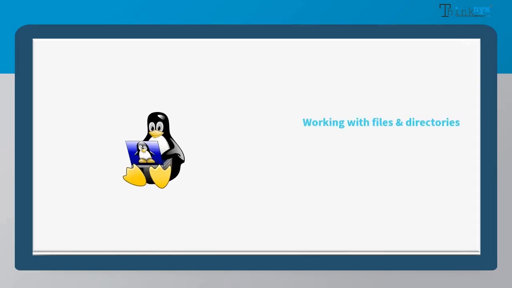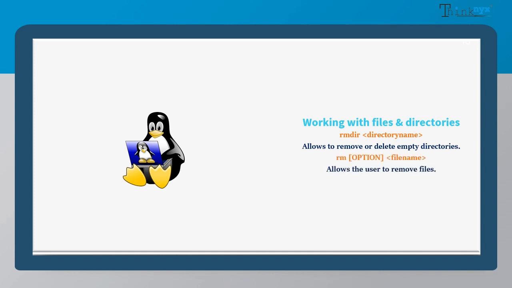Now continuing our section of working with files and directories in Linux terminal, let's discuss deleting files and directories. rmdir directory name allows the user to remove or delete empty directories. rm option file name allows the user to remove files. rm -f file name is used for forceful deletion. rm -r deletes the files and subdirectories recursively of the parent directory.